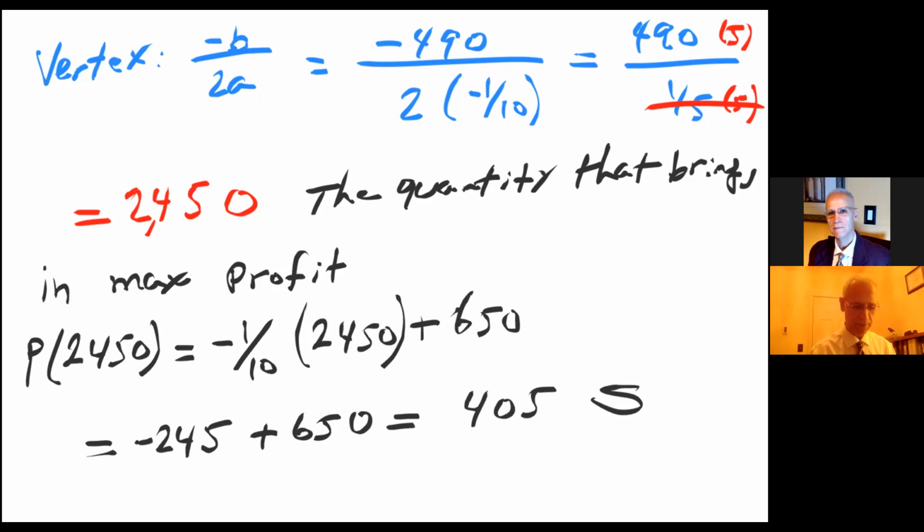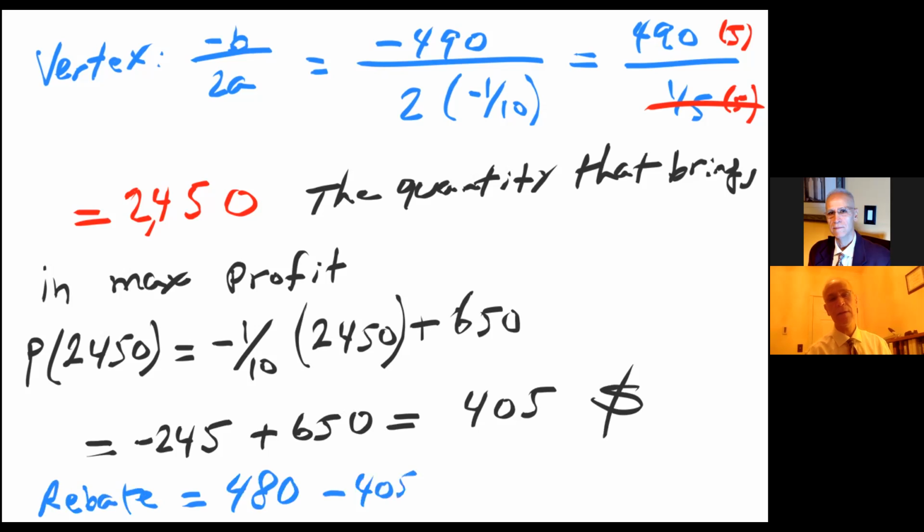So $405 is the price of each television. So for the rebate, in the beginning, I believe we were selling for 480 minus 405, which brings the maximum profit. So the rebate should be $75. So a rebate of $75 will bring the maximum profit. Okay, thank you.